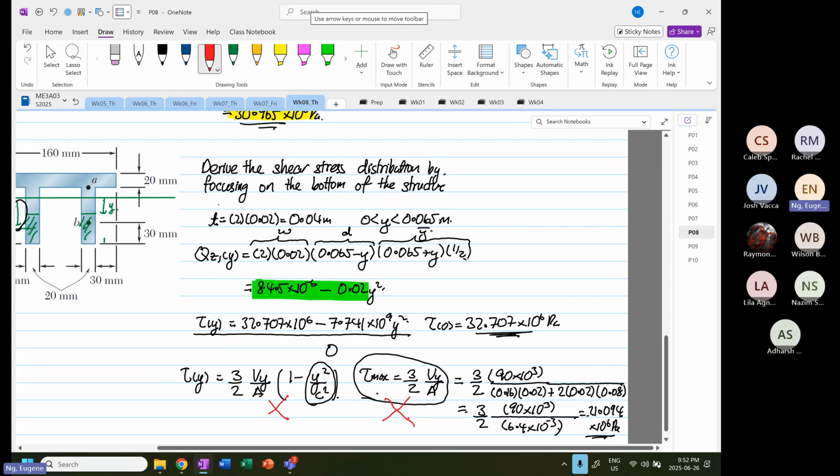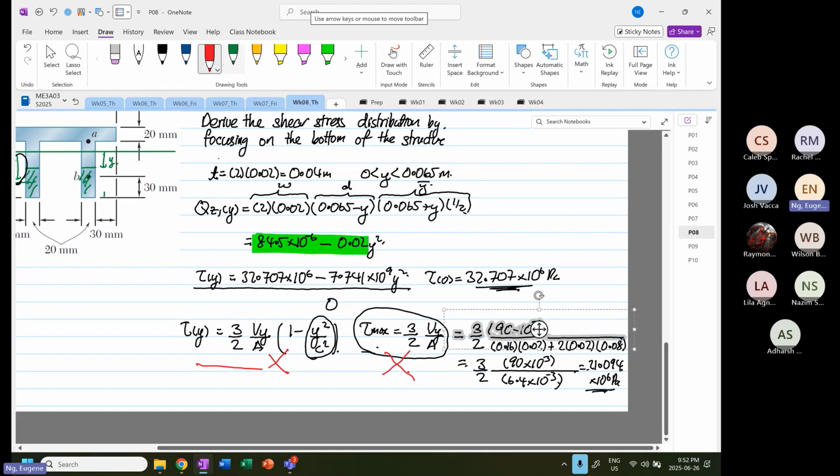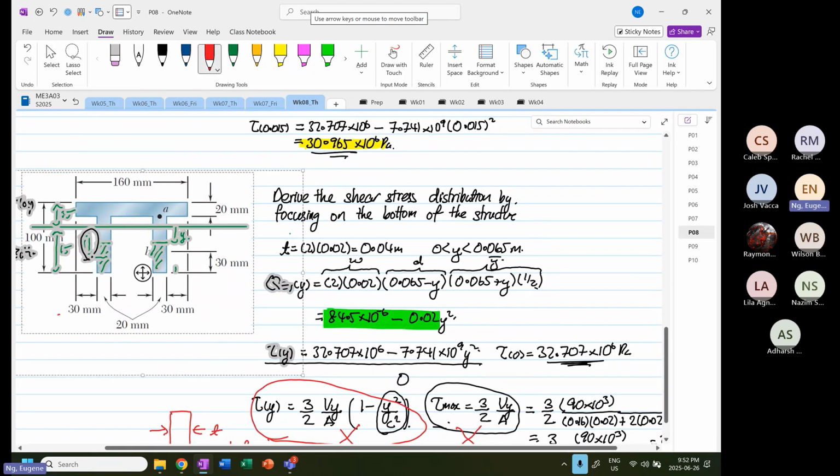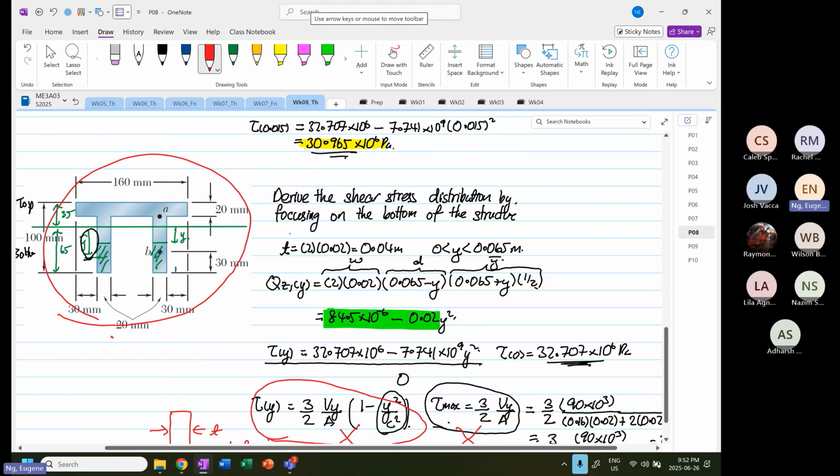Any idea why we cannot use this formula? The answer is because of what? In order to use this formula, the thickness has to be what? Constant. Okay. What we see over here, our thickness is not constant at all.